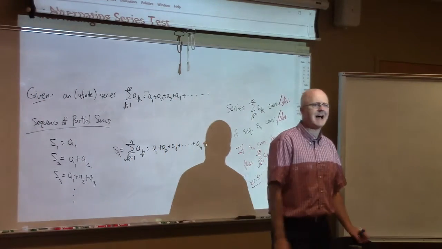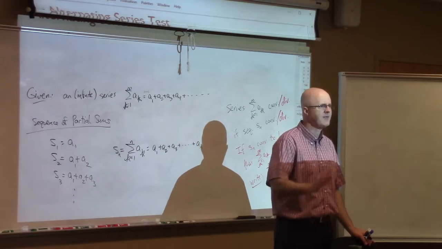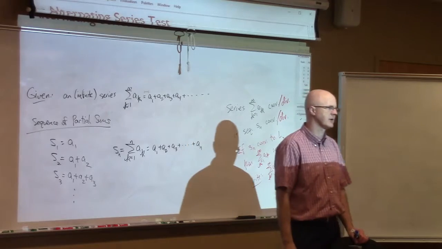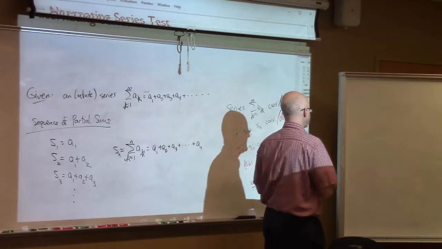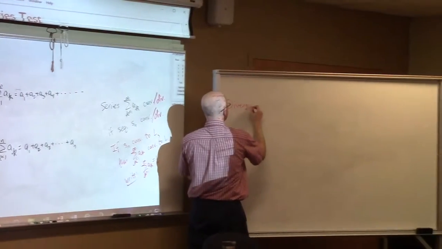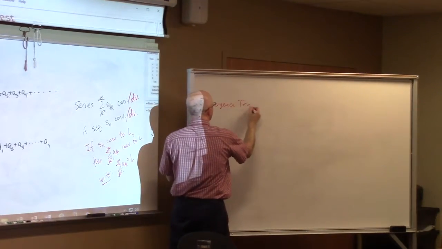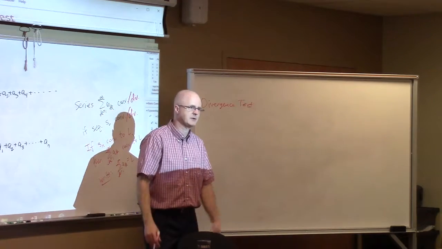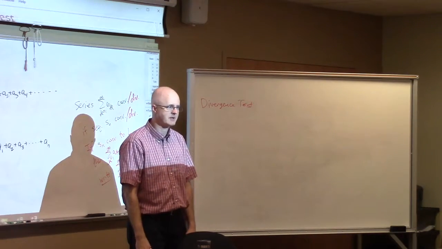If your series is not geometric, at least, the very first thing you should try to do is check whether the terms go to 0 or not. There's something called the divergence test, which is basically what you should always use first, at least if your series is not obviously geometric.